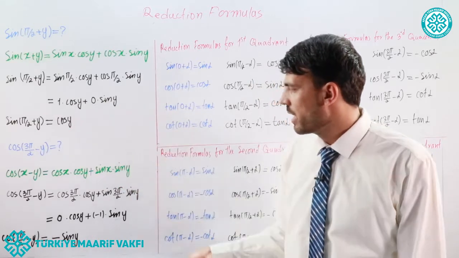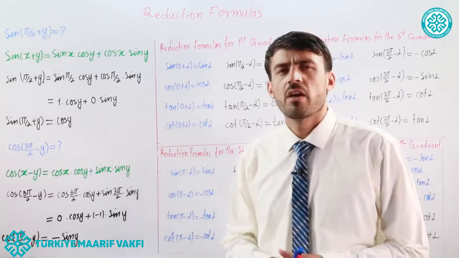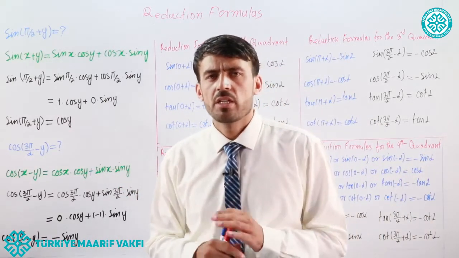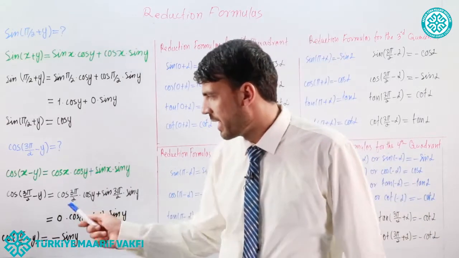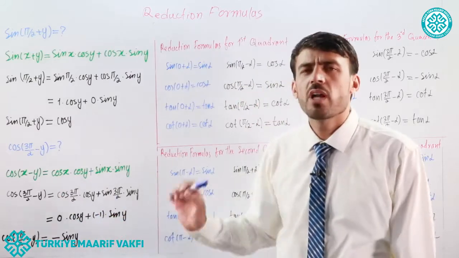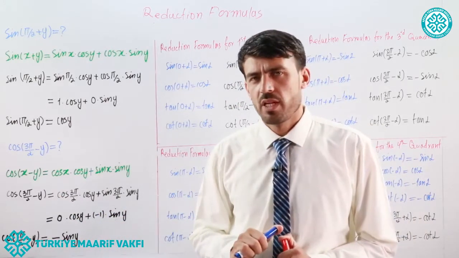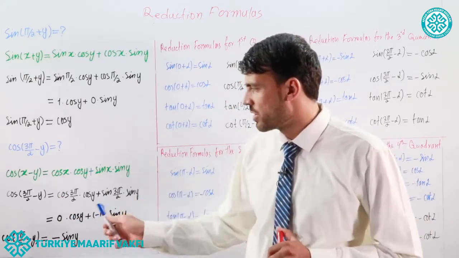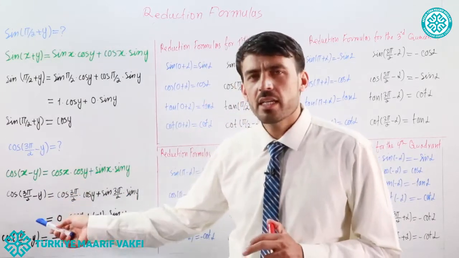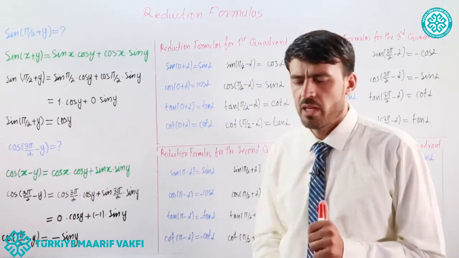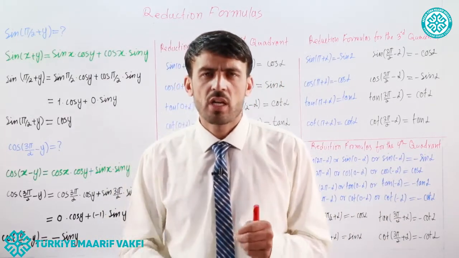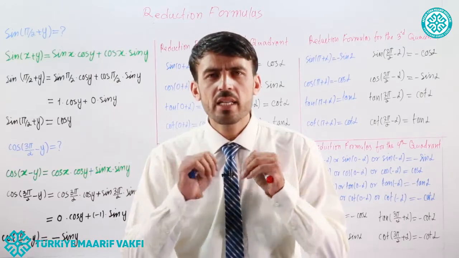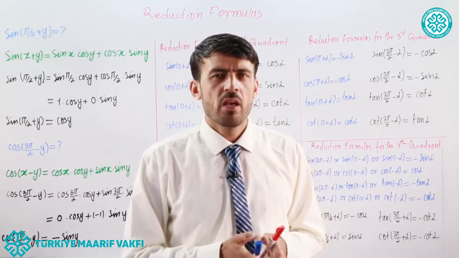So we can find other reduction formulas because of the reduction of the quadrantal angle. These formulas are called reduction formulas because we have reduced the quadrantal angle in the second example, and also in the first example. Also we can find other relations for other ratios in other quadrants.